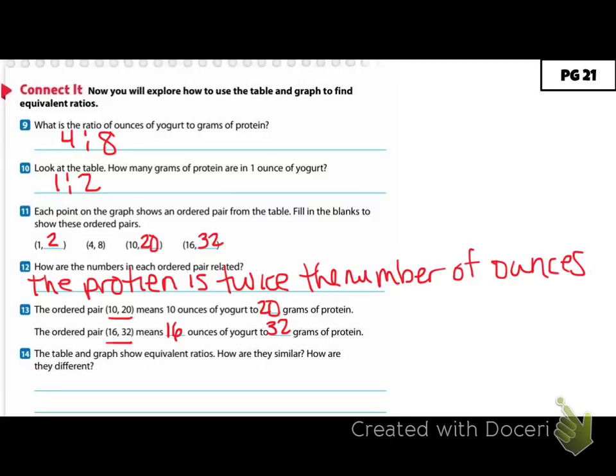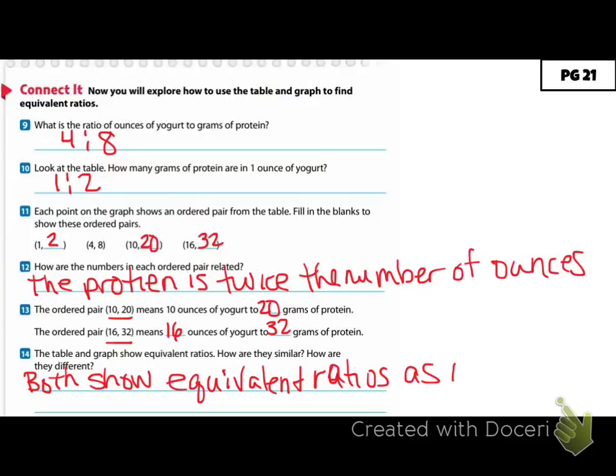So number 14 says the table and graph show equivalent ratios. How are they similar? How are they different? Well, they are similar because both show equivalent ratios as ordered pairs.